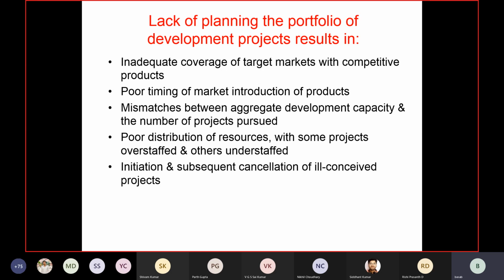It can happen even after proper planning, but if not planned, it will happen more. And frequent changes in the direction of the projects. This also can happen if the market changes drastically, but if not planned, then definitely this will always happen. Frequent changes in the direction of a particular project.